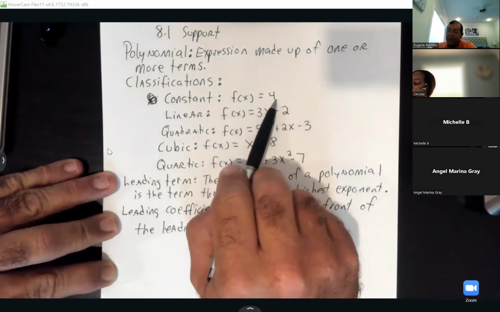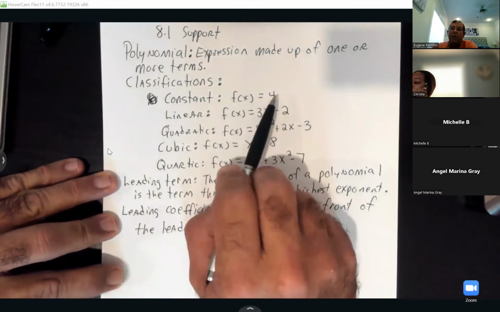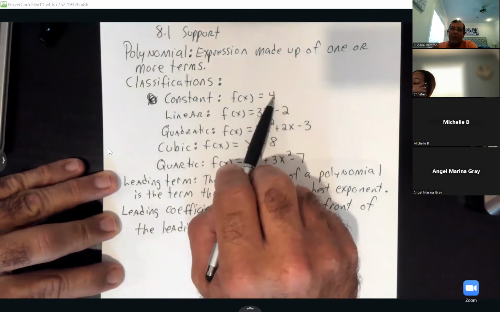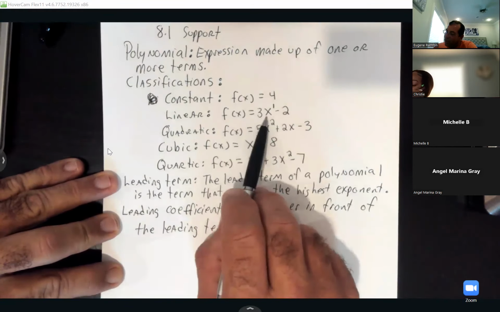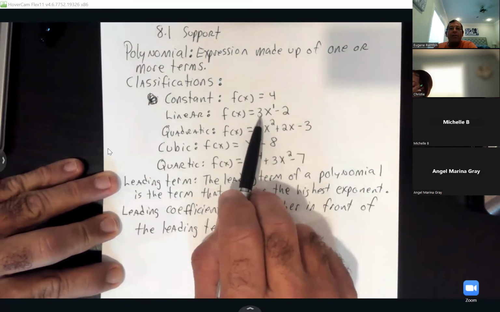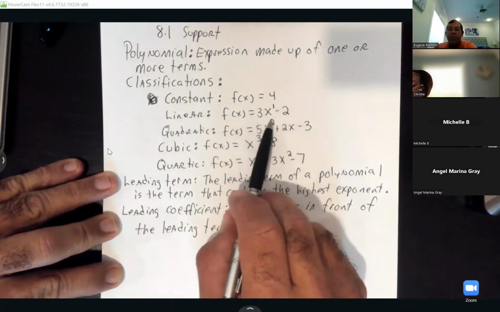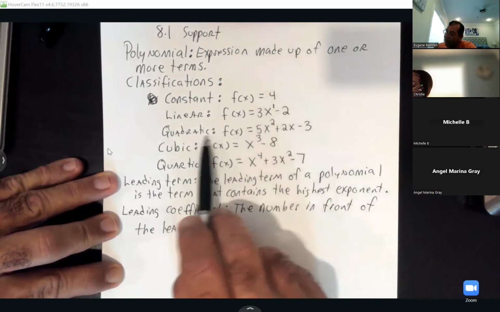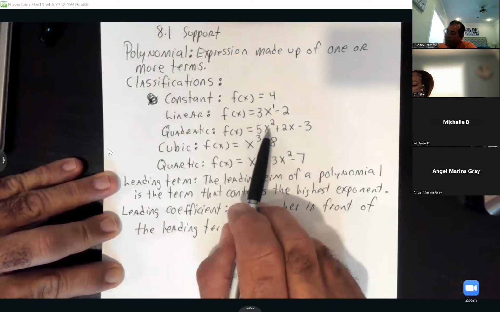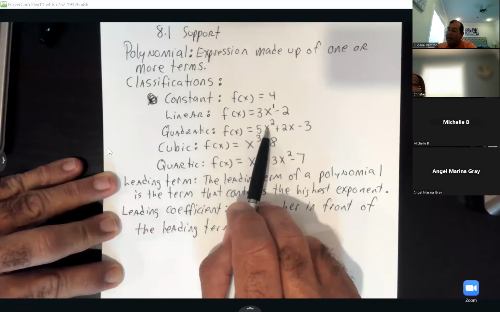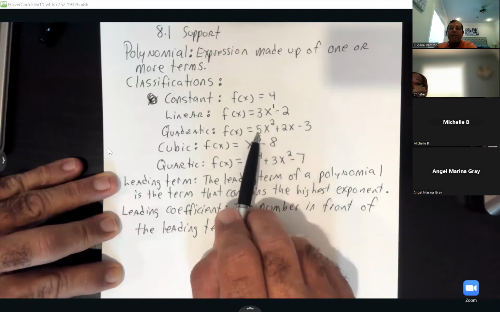The coefficient on the constant one would be the 4. The 4 is everything in a constant polynomial. For my linear one, the leading coefficient would be the 3 because it's the number in front of the leading term, which was the 3x. For my quadratic here, my leading term was 5x squared, so that makes the leading coefficient 5.